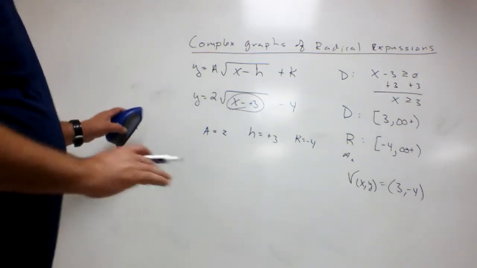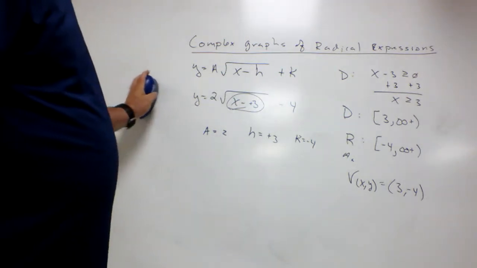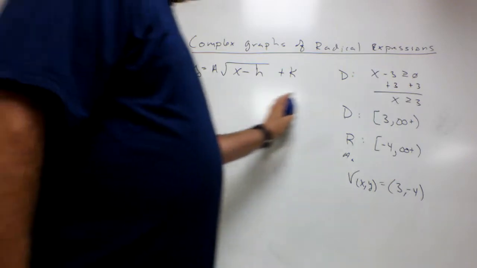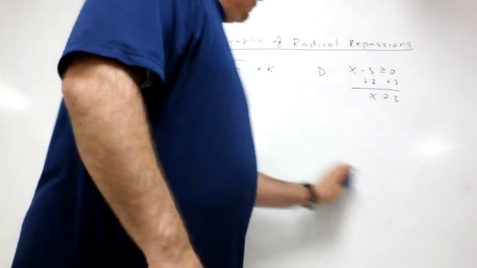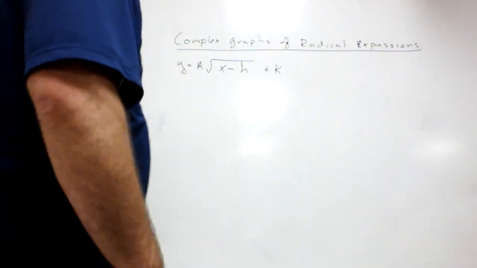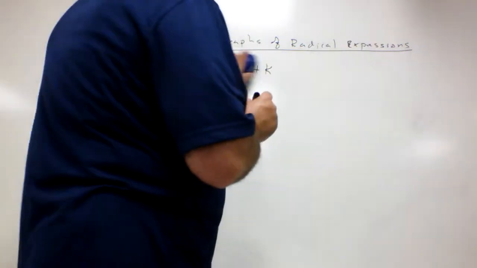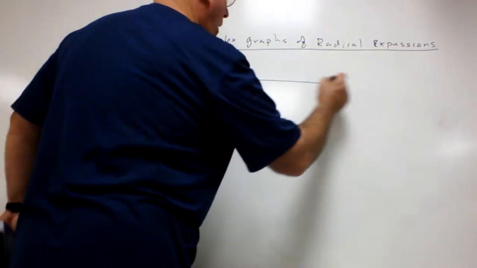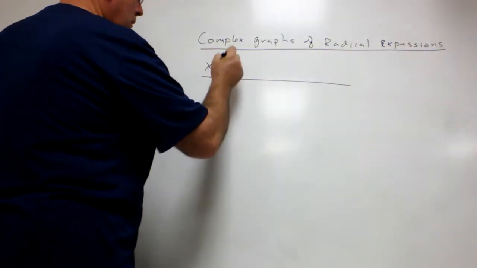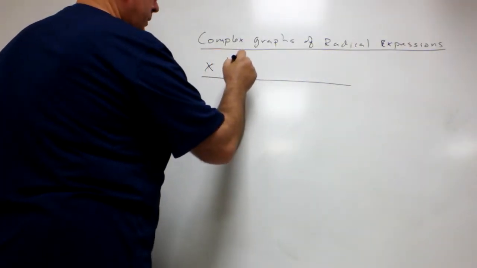So okay, we've got all that. Now we can start with our table of values. Our table of values should be like this.